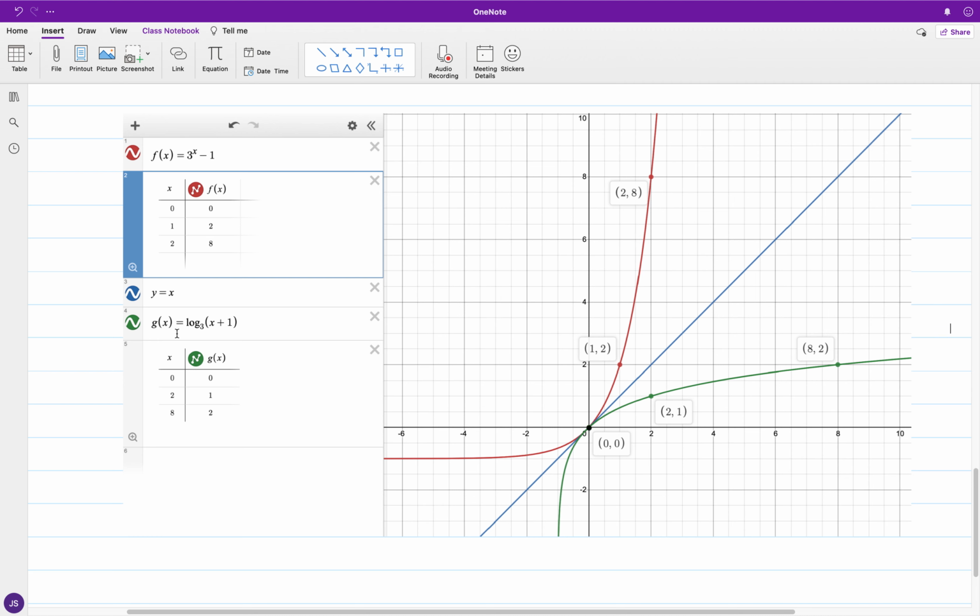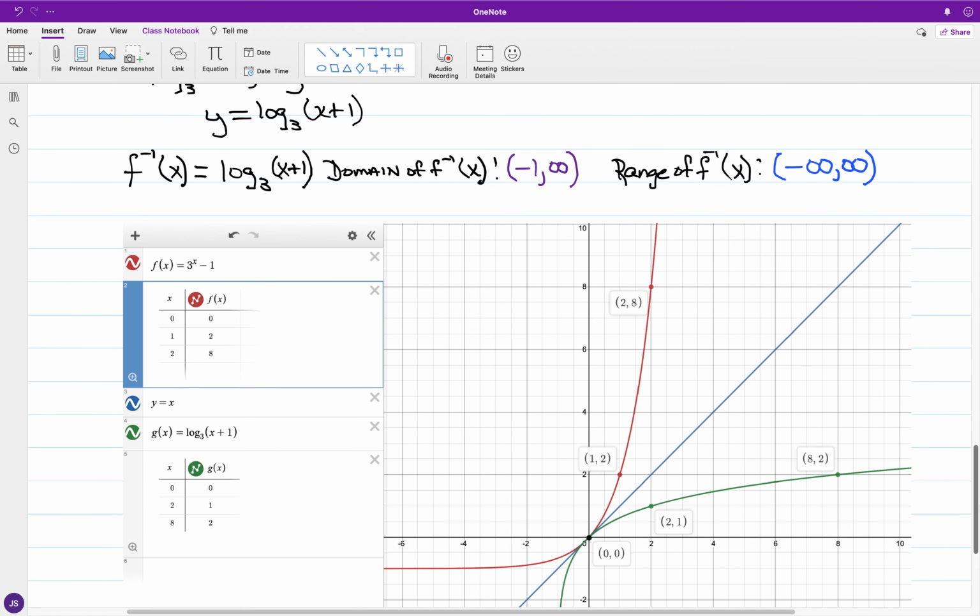And so with the inverse function, the base 3 logarithm of x plus 1, we're going to have the ordered pairs in reverse. And if you notice, these curves meet each other at the origin, and they also come into contact with the line y is equal to x. So the downward shift with the exponential creates, in a way, an upward shift with the inverse, where they come into contact.